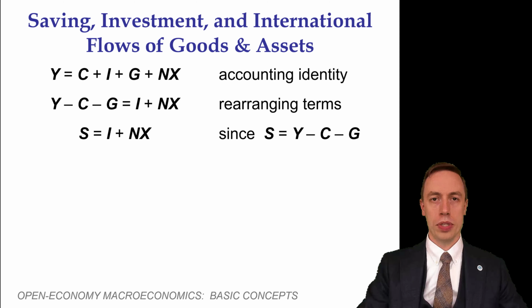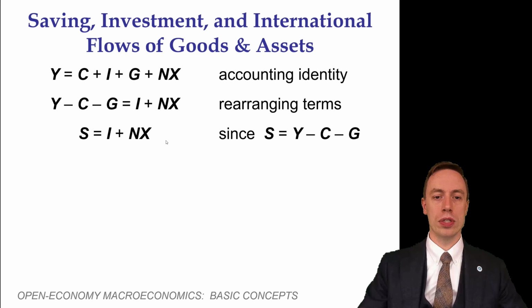Last time around, when we did this math, we learned that for a closed economy, national saving is equal to domestic investment. But of course, now we're tracking an open economy, and we see that national saving and domestic investment need not be equal anymore.